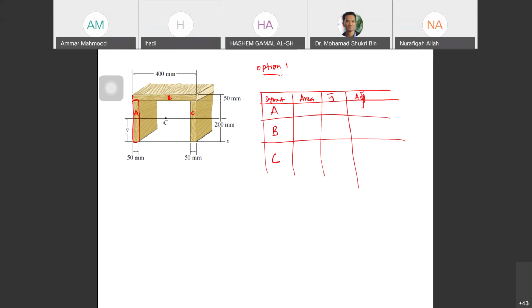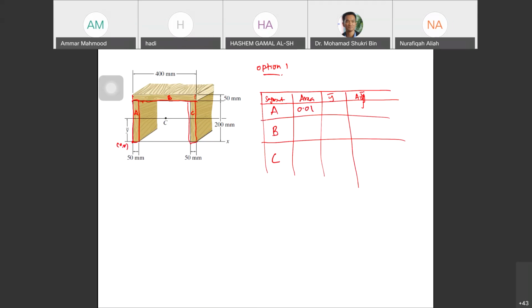A, B, and C. Here origin is here 0, 0. For segment A, the area is 50 times 200. 0.05 times 0.2, you have 0.01.